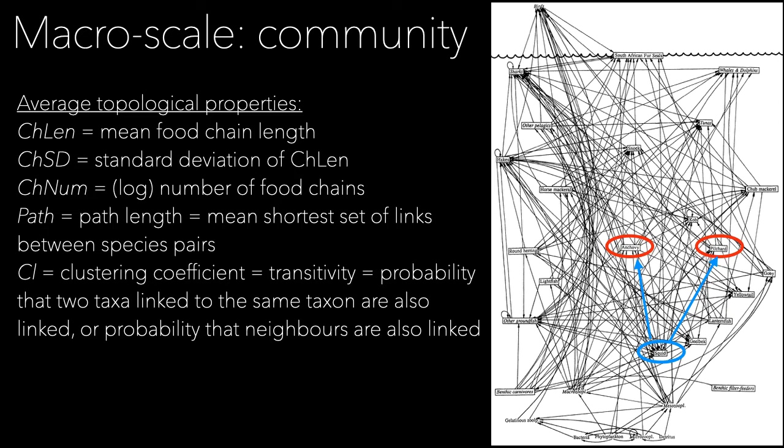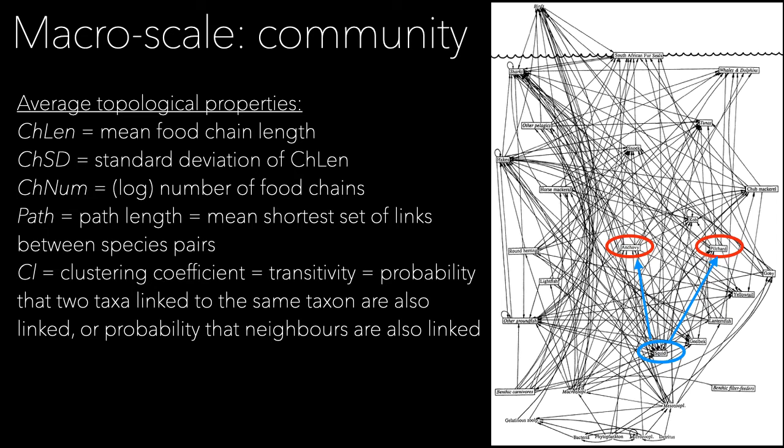And this indicates the probability of cascading effects, of spreading these indirect effects, because as we saw before, two species can indirectly compete or facilitate each other.